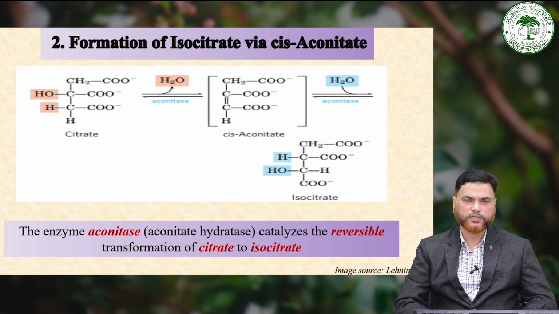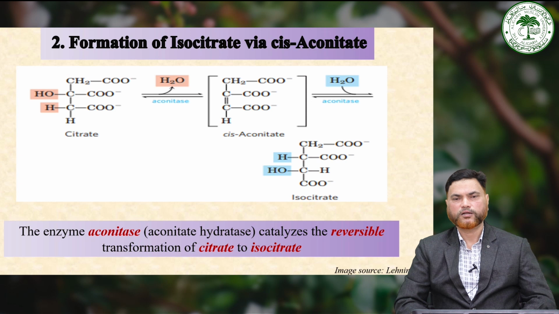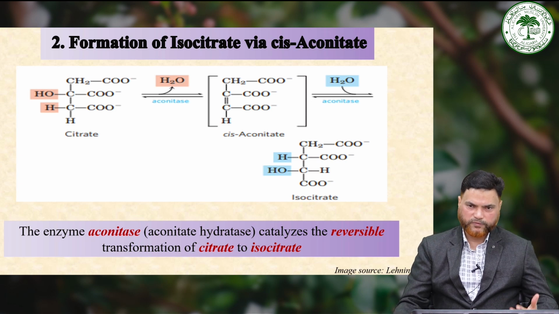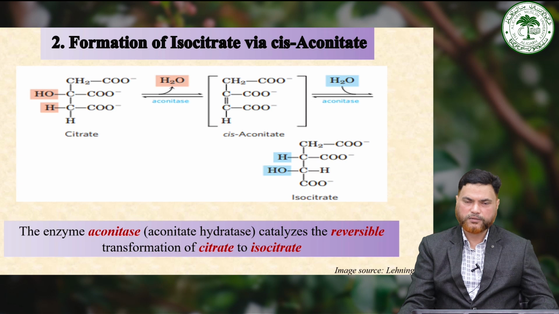The reaction involves the conversion of a symmetrical tertiary alcohol, citrate, to an asymmetric secondary alcohol, isocitrate. The active site of aconitase contains an iron sulfur cluster, and cysteine residues generally form coordinate bonds with 3 iron atoms. Water is removed from citrate to produce cis-aconitase, which is then rehydrated to form isocitrate.